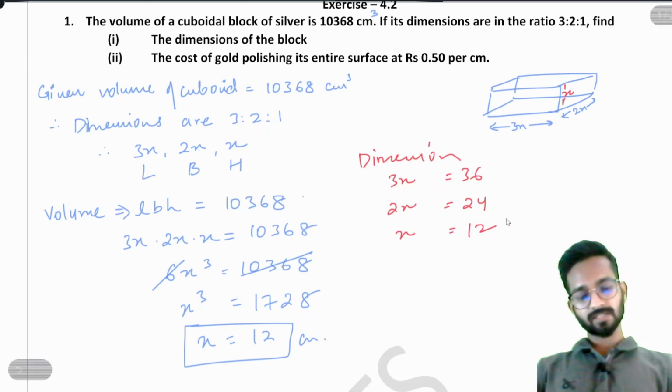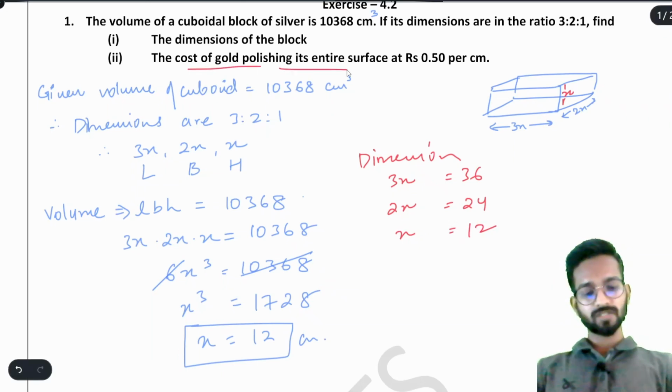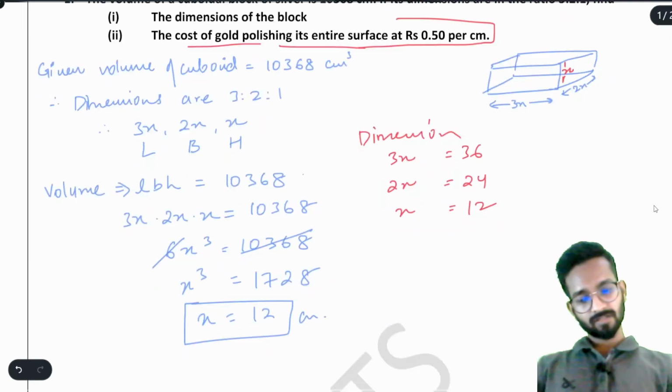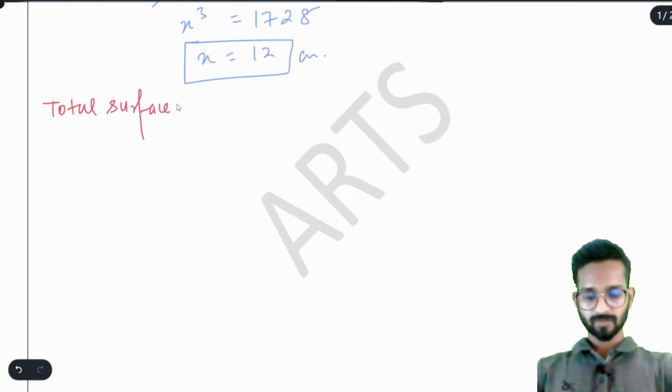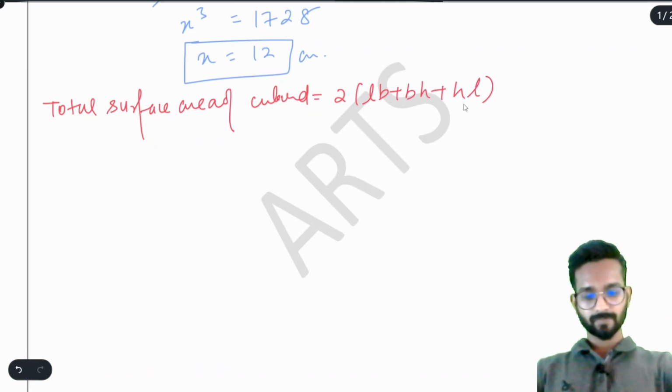Easy. Now they are saying the cost of gold polishing its entire surface at 0.50. It means the entire surface. So if I have to polish the entire surface, I will find the total surface area of the cuboid, which is 2 of LB plus BH plus HL.